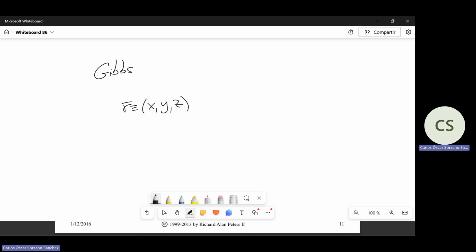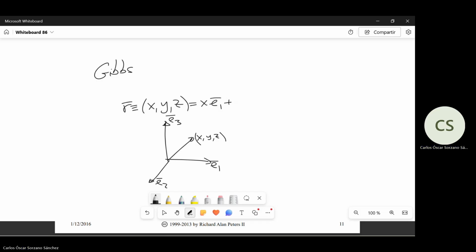That means that in this vector space, that I will call E1, E2, E3, these are the unit vectors in each one of the directions, I have some point that is x, y, z. Okay, good. And this you already know that I can write as x E1 plus y E2 plus z E3. This you know, right?